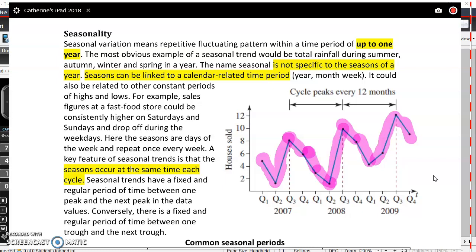Some of the examples I've put in here: fast food stores typically would have higher sales on Saturdays and Sundays, and maybe lower sales on Tuesday and Wednesday. Seasons could be a month or quarter where certain shops or businesses have an increase in demand and then naturally a decrease, just because of what's happening.